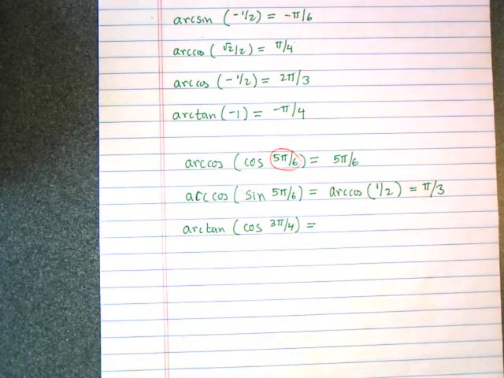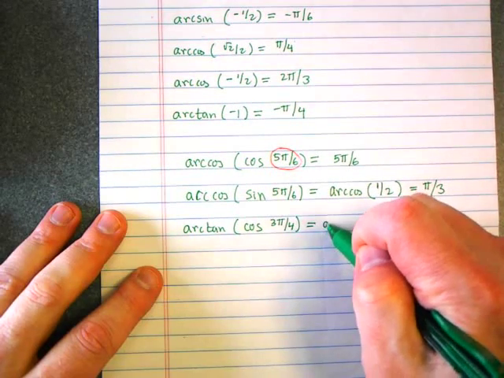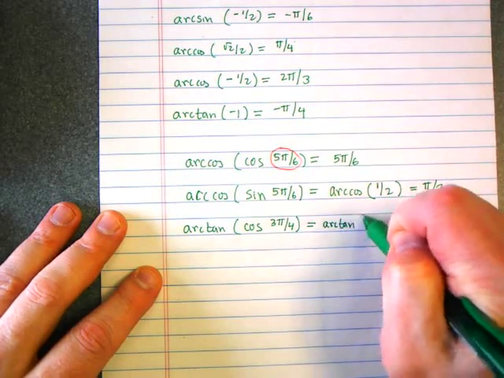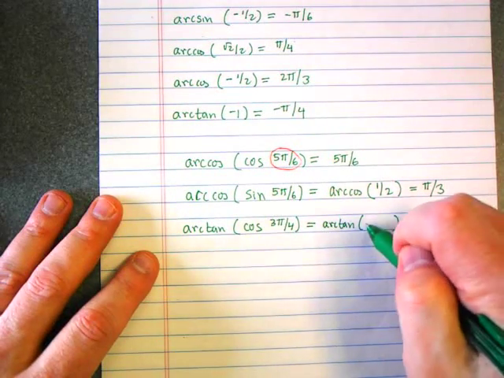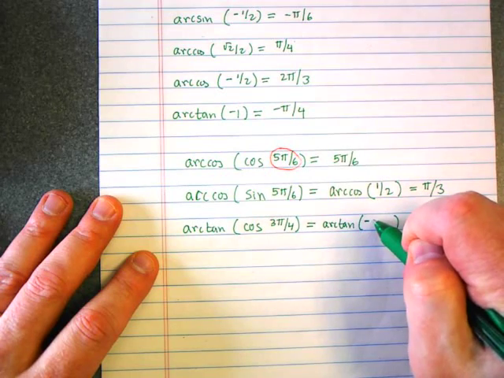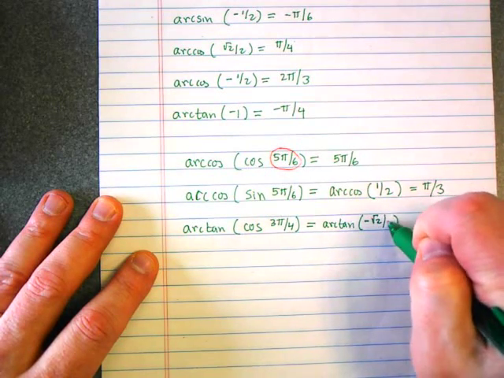They don't match. So there's no more such thing as correct quadrants anymore. So we just got to work it out. So this is going to be the arc tangent of negative square root of 2 over 2.